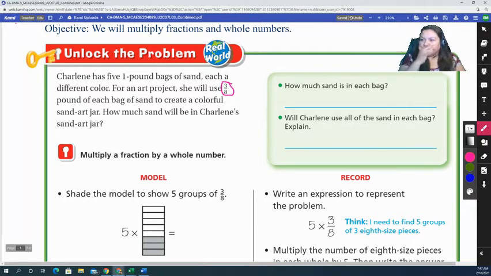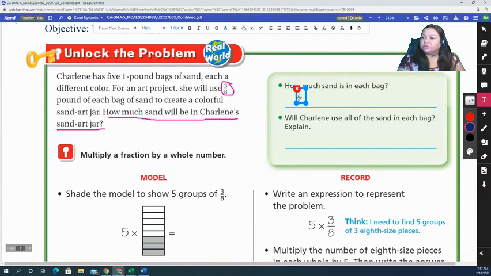And the question is, how much sand will be in Charlene's sand art jar? So how much sand is in each bag? Okay, that's our first question.